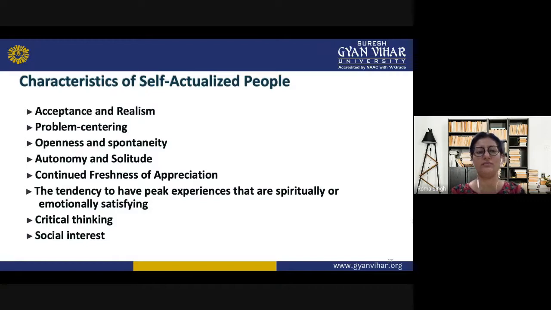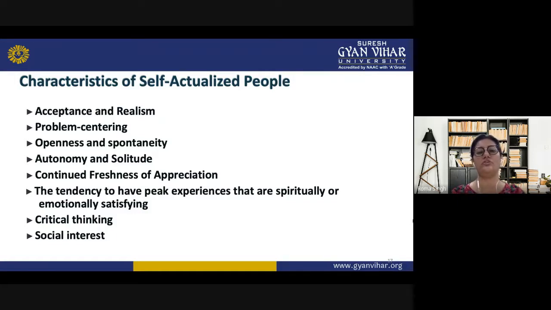These are some of the characteristics of self-actualized people, as we have discussed, that Maslow studied in various contemporary, famous personalities who have reached that level. Based on that, we can see acceptance and realism. We need to accept that we are able to do these things.